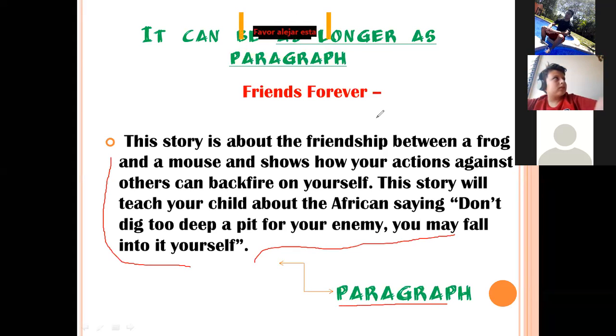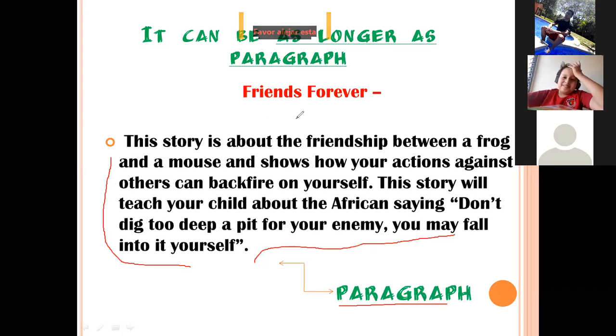I make a brief conclusion. And that is my paragraph and my summary as well. This is not necessary to copy, remember, these are just examples. You don't have to copy, I'm just explaining to you, all right?